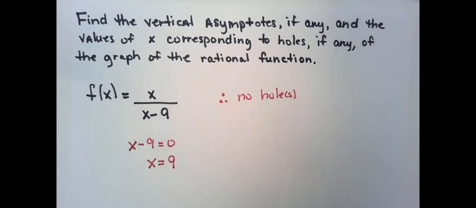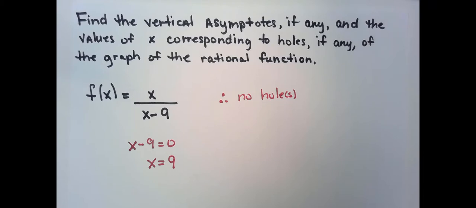But what we would do is find x equals 9. We would graph this vertical line, and we'll make it a dotted line. Remember that an asymptote is a line that a curve approaches as it heads towards infinity. It'll never touch the actual graph itself.